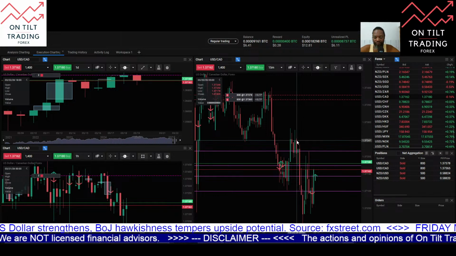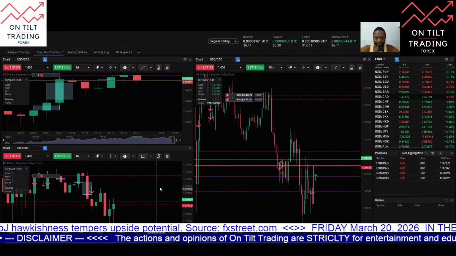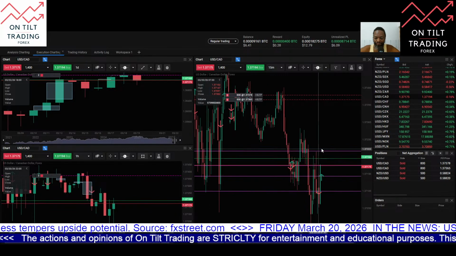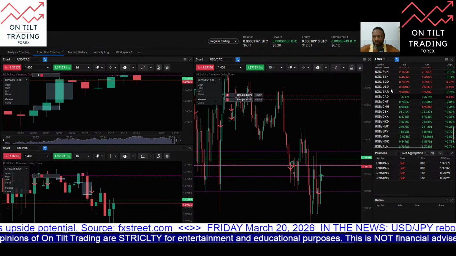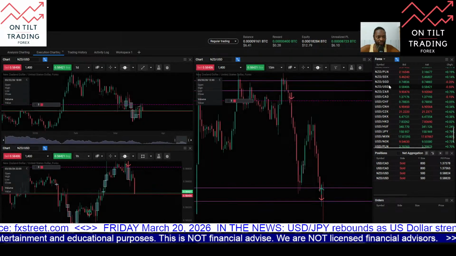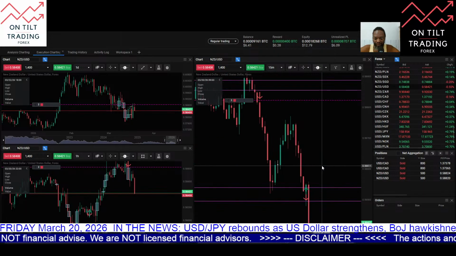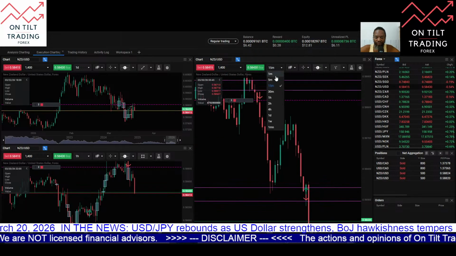Okay. See price pulling back here. Head over to Kiwi dollar. See how we're doing there. Let's go back to that 1 minute.